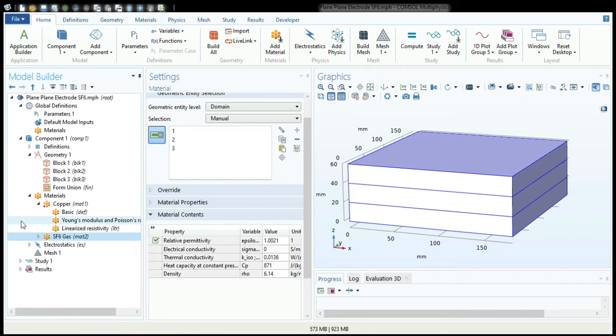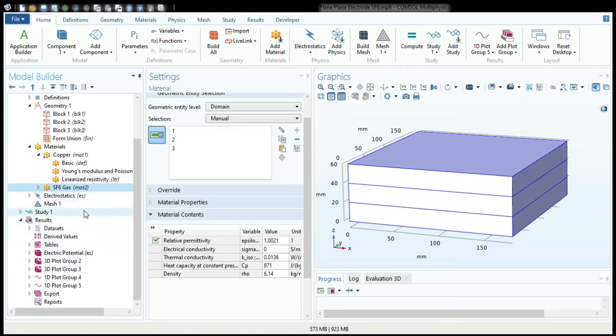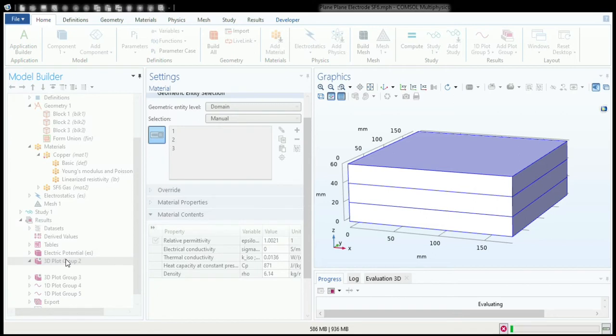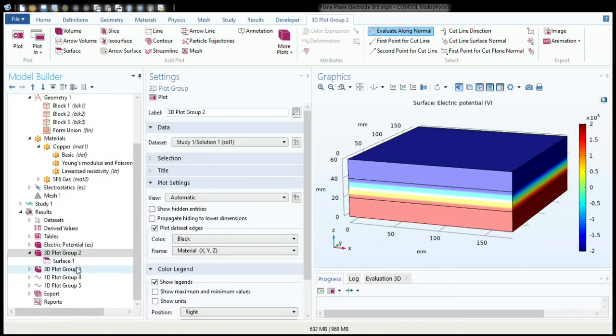So for the result, to run the test, for the first part, I choose to analyze the electric potential that this structure experiences, where I set the upper part to be a very negative potential, and the lower part is a very high potential, up to 2 times exponent 5 volts.